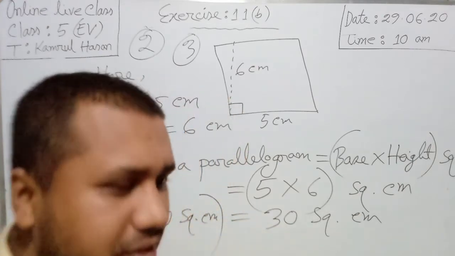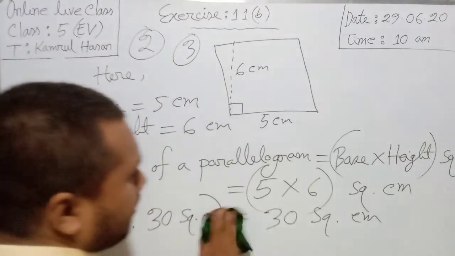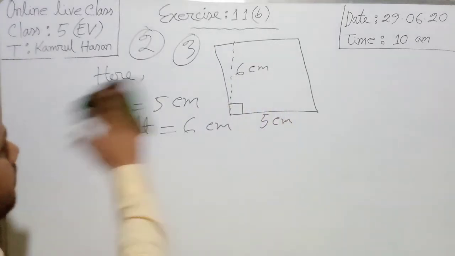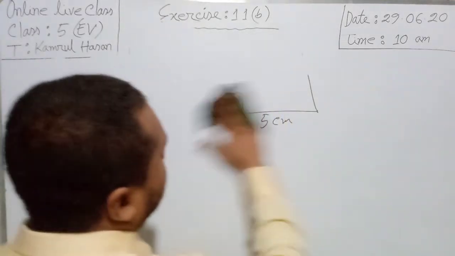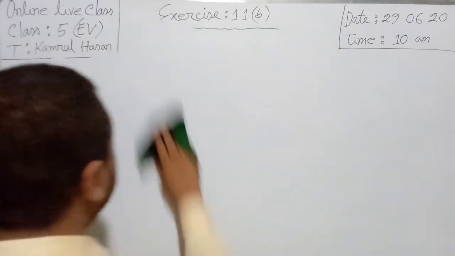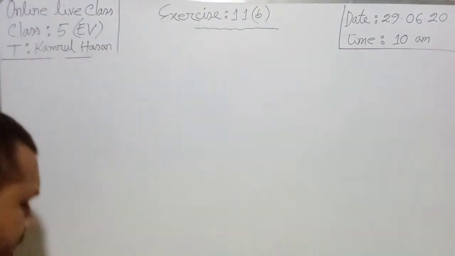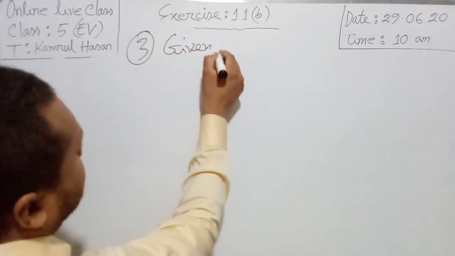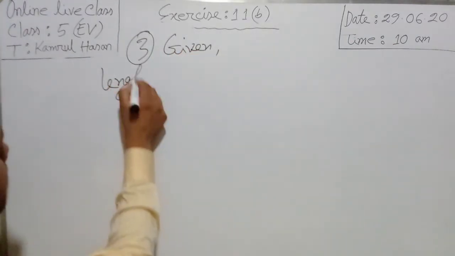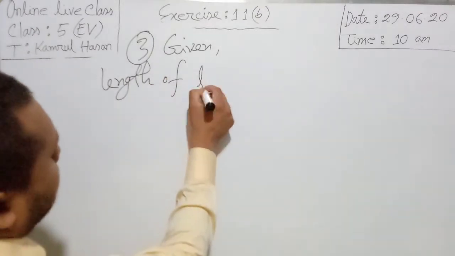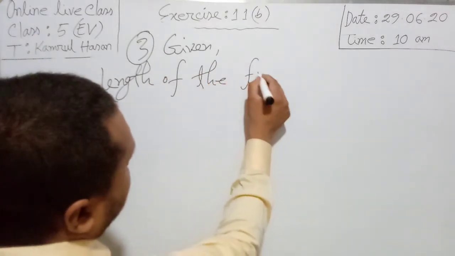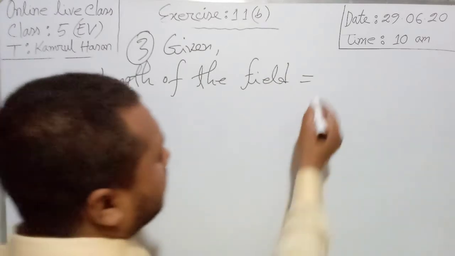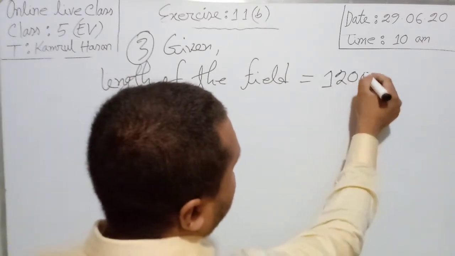So dear student, at first write our given part. Now write given, length of the field. What is the length of the field? 1200 meters.